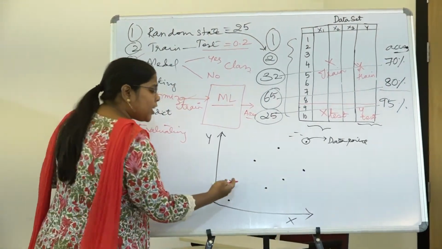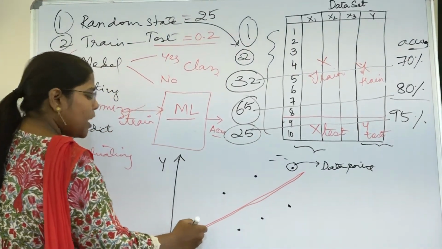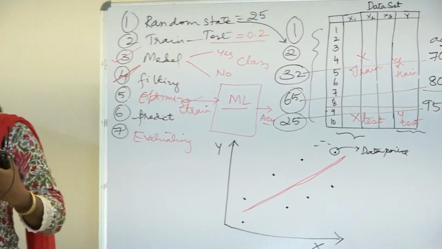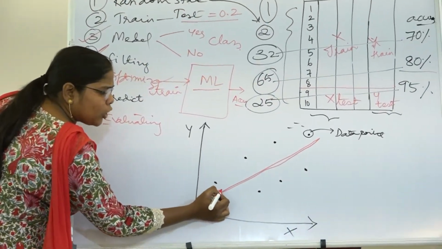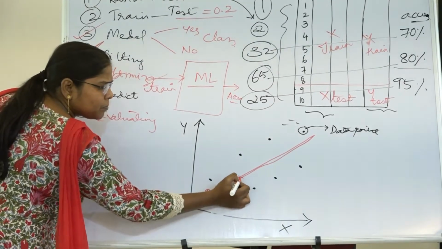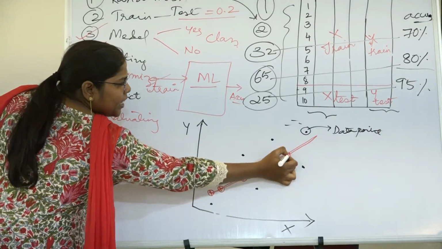Now on that 400 dots, what I have done? I have fitted the line. When I fit the line, these are the actual values. Sorry, these are the predicted values.